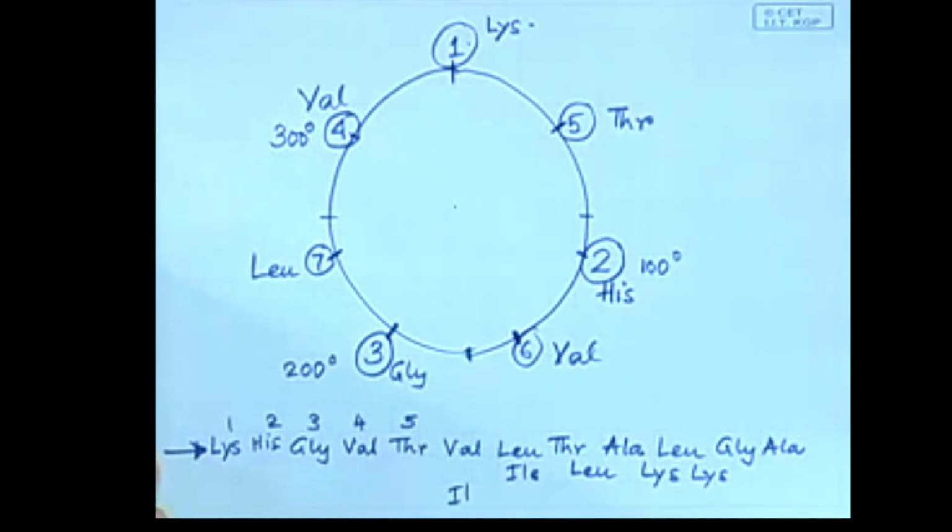Then once you construct your helical wheel, you can from the wheel itself predict which part is going to be outside, which part is going to be inside if it were to fold into a protein. So you can actually say which part is going to be hydrophilic in nature and which part is going to be hydrophobic in nature. Okay?